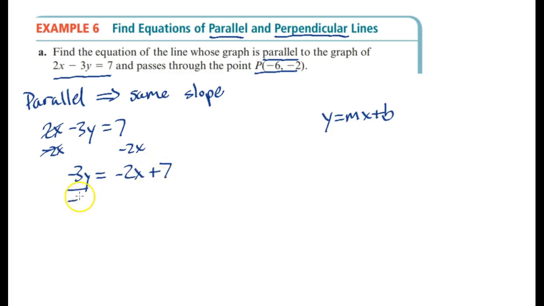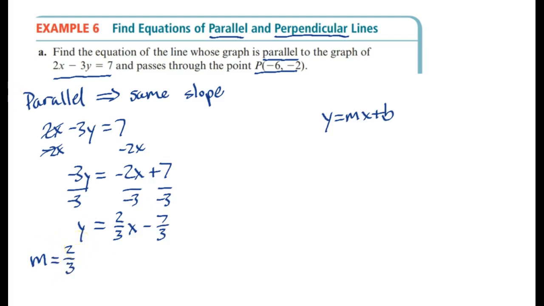Now we want to divide by -3, because we just want the y by itself. And we get y equals, -2 divided by -3 is 2/3, so that's 2/3 x, and then -7/3. But we really don't care about the -7/3. All we really care about is the slope. So we know the slope is equal to 2/3.